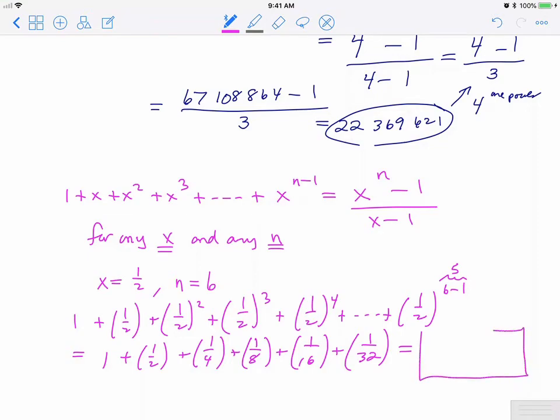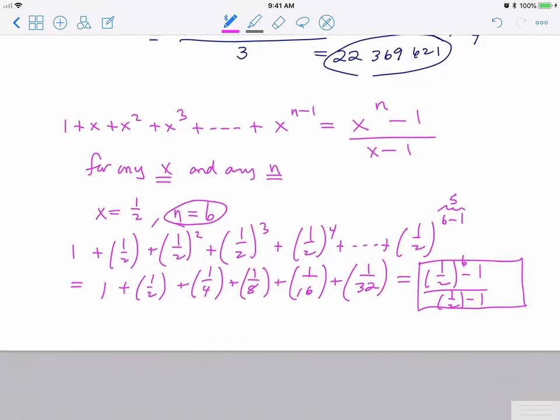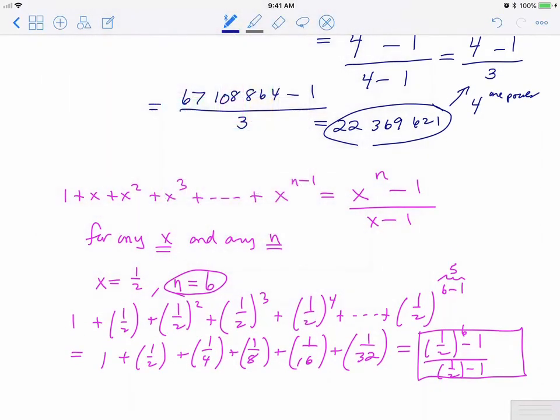So the answer using the shortcut is simply 1/2 to the nth power minus 1 over 1/2 minus 1, and the nth power is 6. So I will go to my calculator now, do 1/2 to the 6th power. 2 to the 6th power is 64, so you get 1/64 minus 1, divided by 1/2 minus 1, which is -1/2.